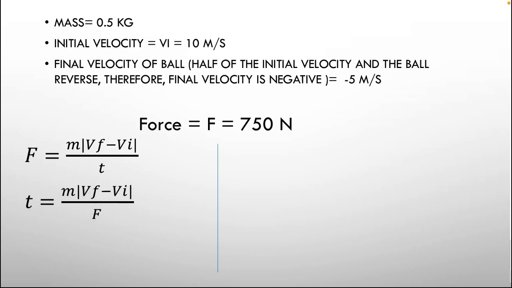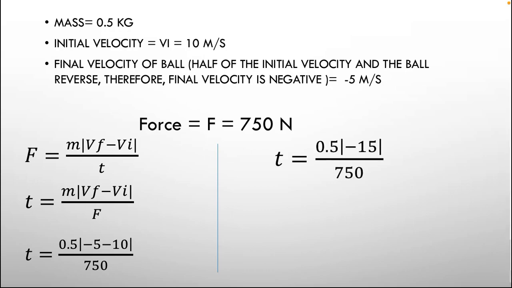T equals, we are going to exchange the places of F and T. So by putting in the values, mass is 0.5 and the final velocity Vf equals -5, and the initial velocity is 10, divided by 750. The answer we get is 0.5 multiplied by 15.